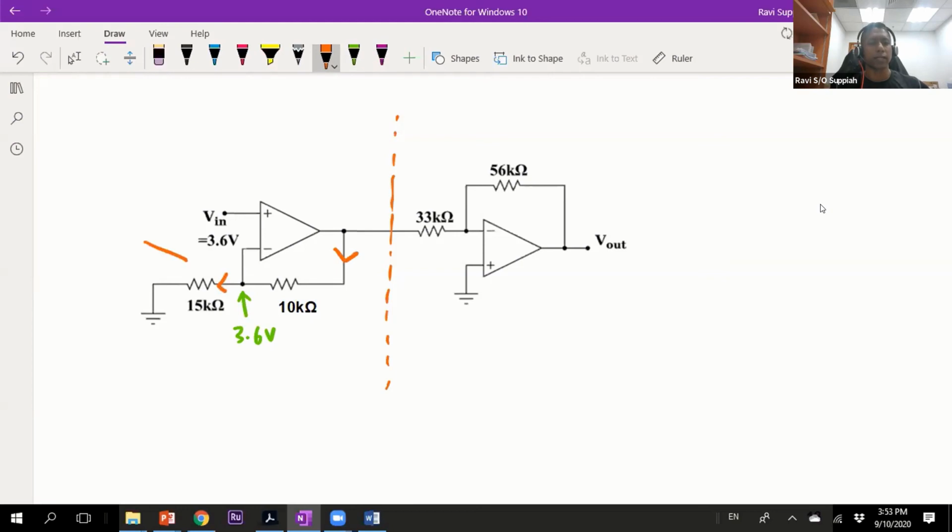This current can be calculated as (3.6 minus 0) over 15k, which gives me 0.24 milliampere. The same 0.24 milliampere is also flowing here.